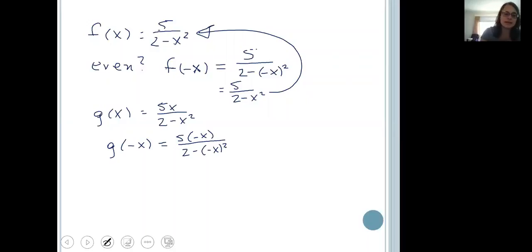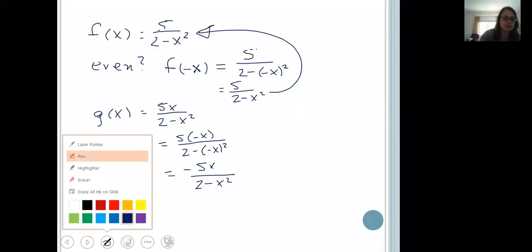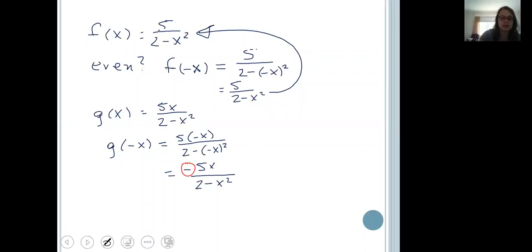And simplify. And what we end up with is negative 5x all over 2 minus x squared. That's almost the same thing as what we started with, right? What's the only difference? This negative 1, yes? So what we have is actually negative 1 times what we started with.